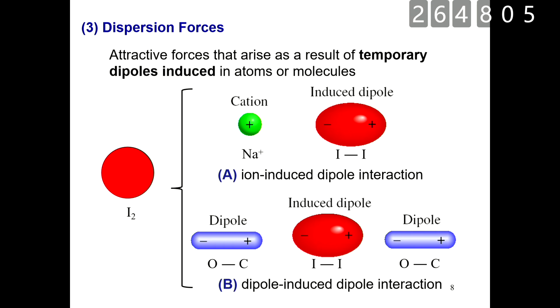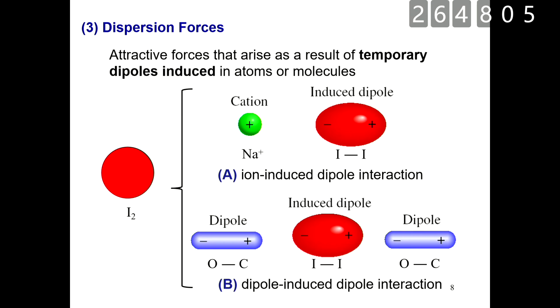So besides the cation or an ion inducing the temporary dipole, the dipole molecule can also induce the temporary dipole of I2.